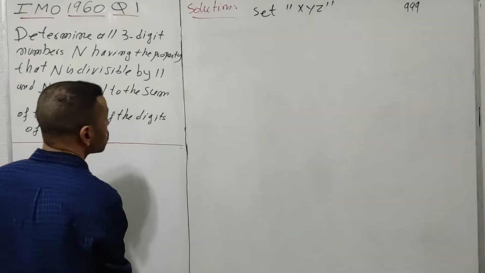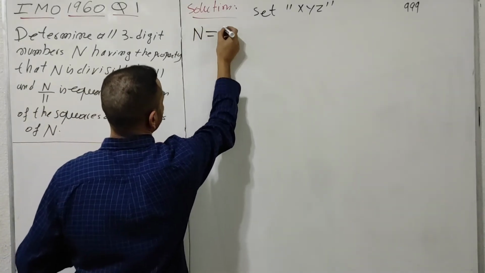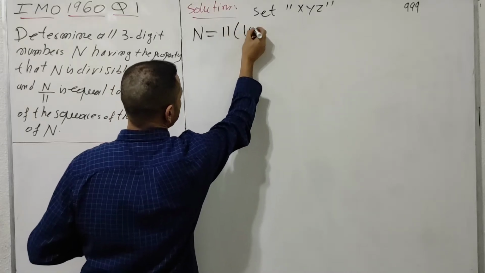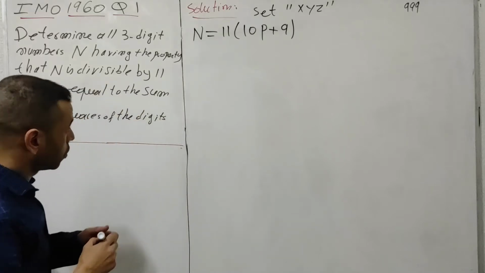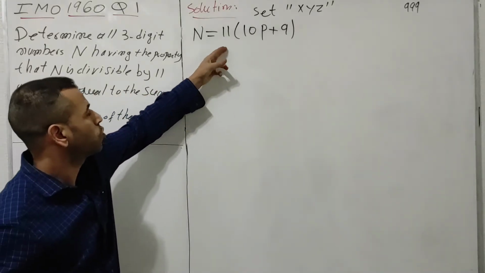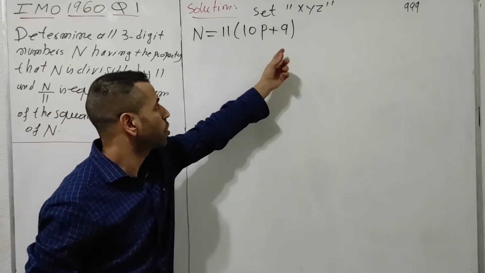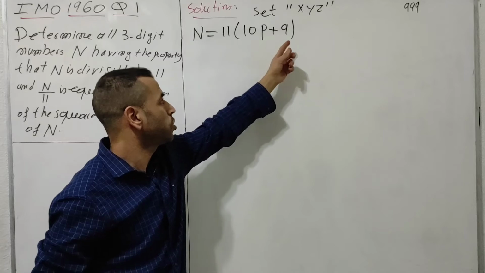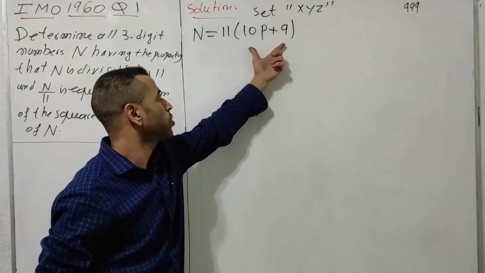So this number must be written in this form: n equals 11 multiplied by 10p plus q, because n is divisible by 11. That means n equals 11 multiplied by something, but since we are working with the hundreds digit, tens digit and ones digit, we must write it in this form.